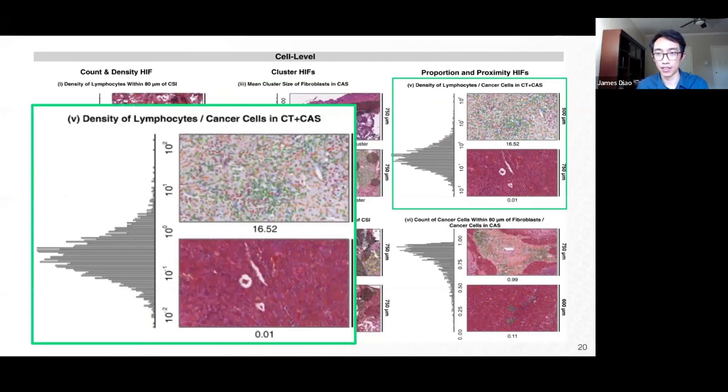The third one here, density of lymphocytes, the ratio of the density of lymphocytes to cancer cells in all of the cancer tissue, including stroma and tumor. Essentially, I was trying to draw exemplars of the way these HIFs can capture both count and density data, as well as cluster data, as well as things about relative proportions and proximity of cells to each other and cells to certain tissue regions.